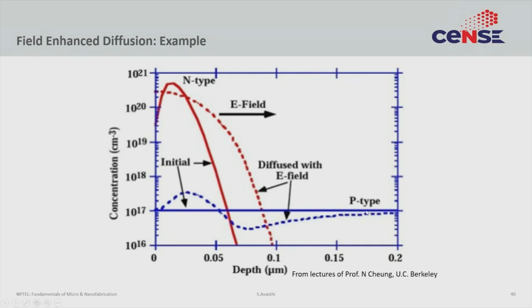So, first, the boron profile that was flat initially, because you started with the boron wafer, now has a certain shape. And why did this shape happen? This shape happened because the boron atoms felt an electric field, and also the phosphorus that you were trying to diffuse, the n-type, also got enhanced. So, these kinds of things can also happen that will change the profile and give you a slightly different profile than what you expected.